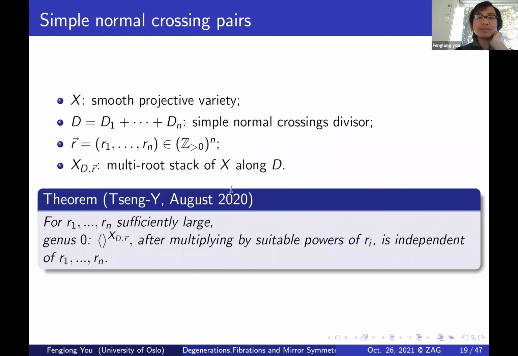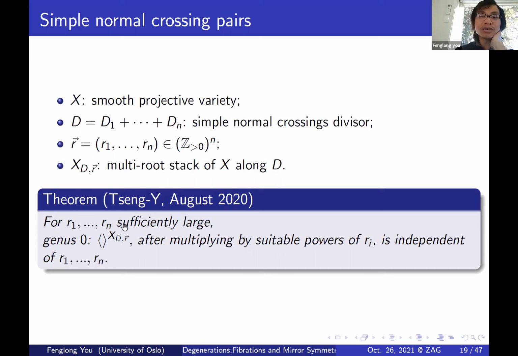And this was for smooth pairs, when D is smooth, but we can also generalize that to the case when the divisor is simple normal crossing. The story is similar to the smooth case.